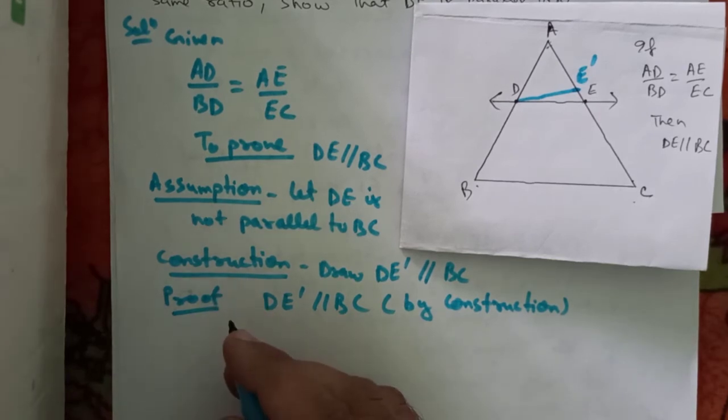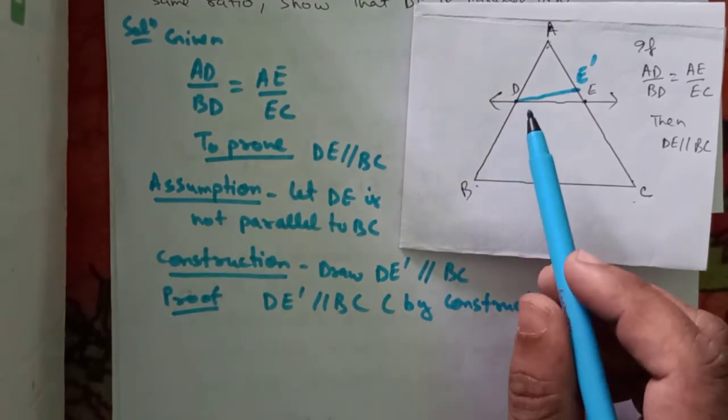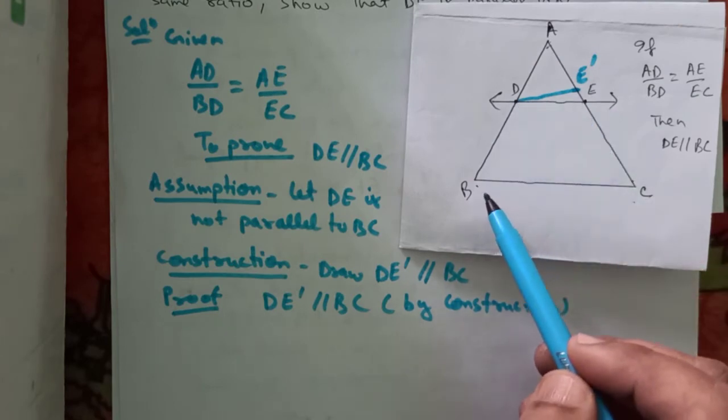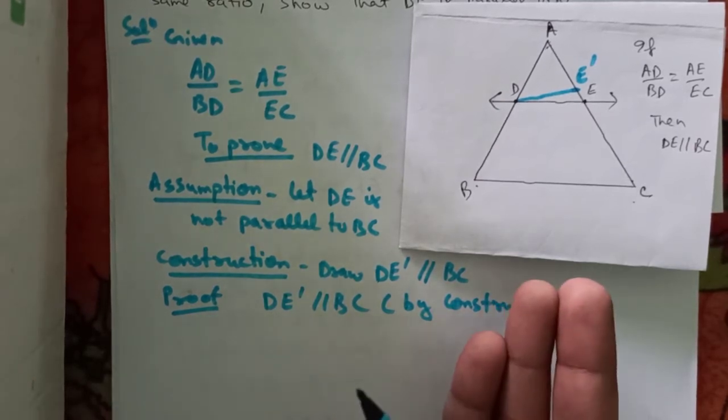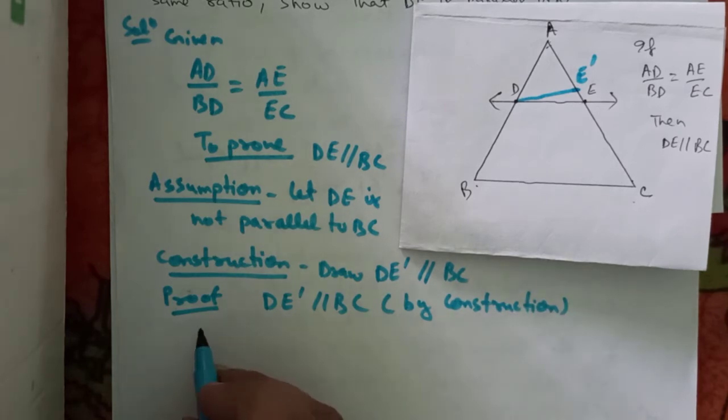By midpoint theorem, we can say that if DE dash is parallel to BC, then AD upon BD will be equal to AE dash upon E dash C. Okay, sorry, not midpoint theorem, by basic proportionality theorem.